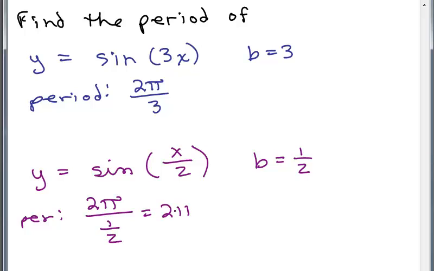So maybe instead you might think of that as 2 pi divided by 1/2, which is 2 pi times 2, or 4 pi. In any case, make sure that you know how to deal with 2 pi over b. So this is how you can do it. Go directly to the period using that formula, 2 pi over b.